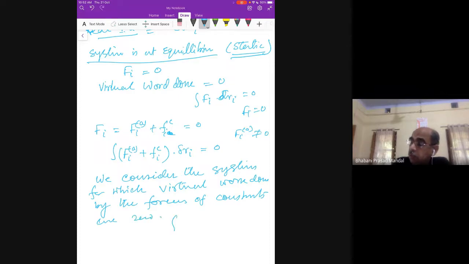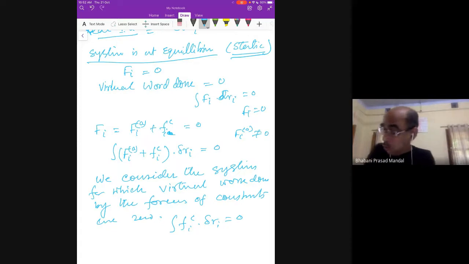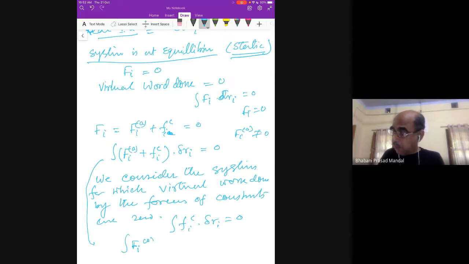That means Fic dot delta ri is 0. We are considering this to deal with the forces of constraint. So this equation then will reduce to Fa, the applied force, dot delta ri equal to 0.